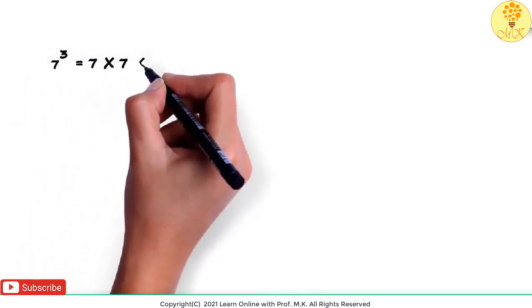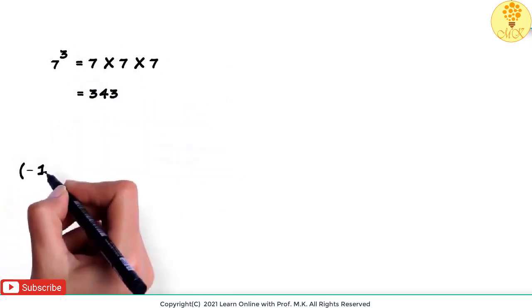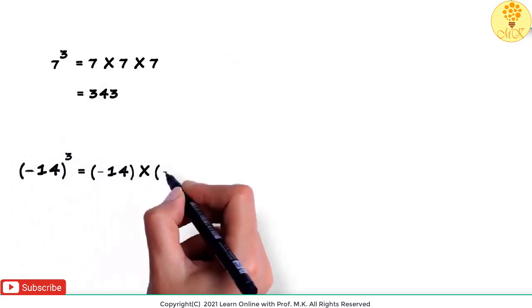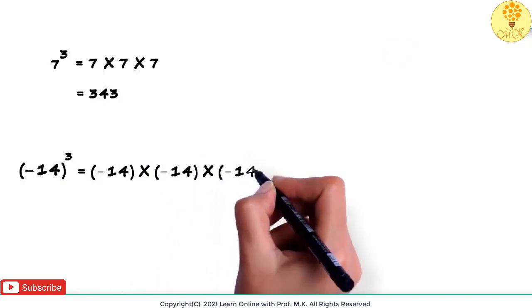Now there's a vital property we need to understand. To understand the property, here are a few examples. How do we find the value of 7 cubed? It is 7 multiplied by 7 multiplied by 7, and that equals 343. Minus 14, the whole cubed, equals minus 14 multiplied by minus 14 multiplied by minus 14.